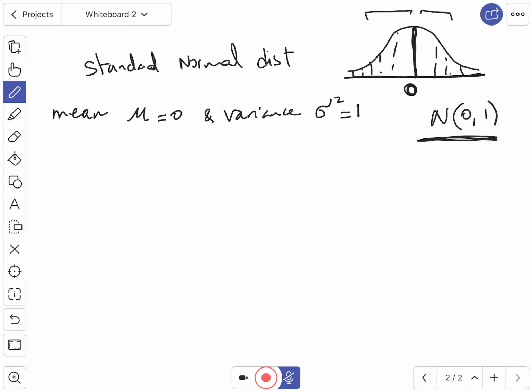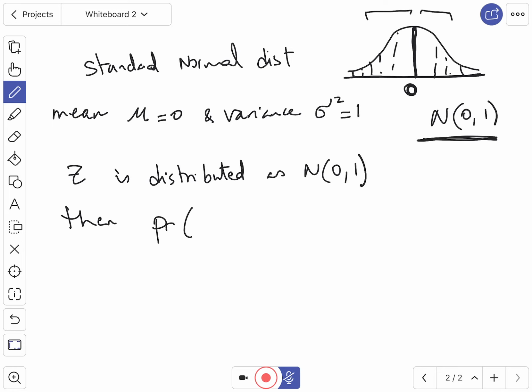So if I say, for example, that I have a variable z, and z is distributed as normal, or it has a standard normal distribution, then we can say that the probability that this variable z is less than or equal to a certain number c, we can always make our life easy and write it in this notation, phi of c.